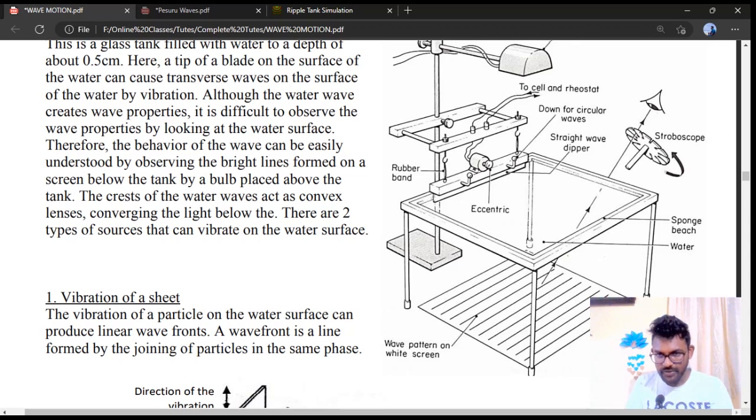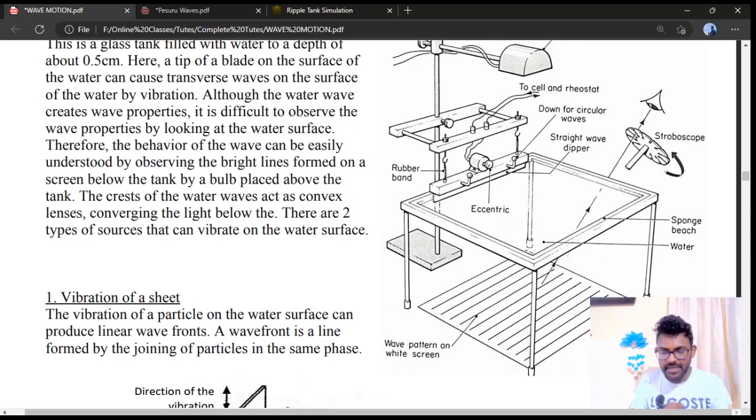If you rotate this stroboscope at the same frequency, now there's a rotational frequency we can adjust, so if this one is rotating with the same frequency as the wave generated, you first see the wave pattern, and then one segment closes your eyes. Then once it opens, what happened? The entire set of waves has moved forward, right?